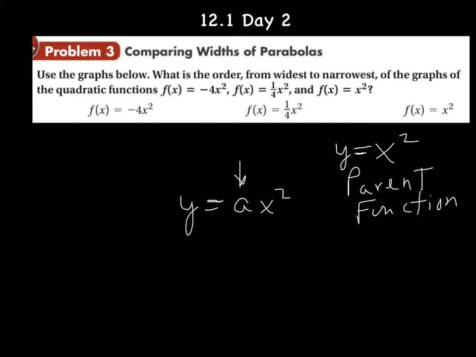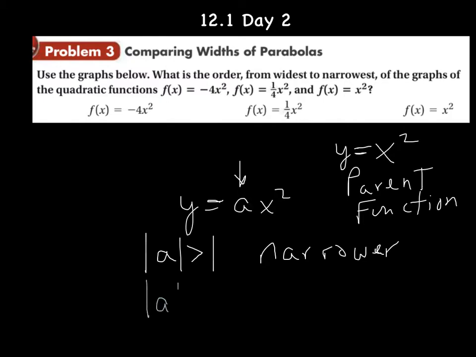So what we're looking at is when the absolute value of a is greater than 1, meaning we're looking at some sort of an integer being in front of that x squared, having a coefficient on that x squared term. We noticed in class the other day when we looked at a few of the graphs that it caused the graph to get narrower because the y values, or the function values, were growing at a more rapid pace.